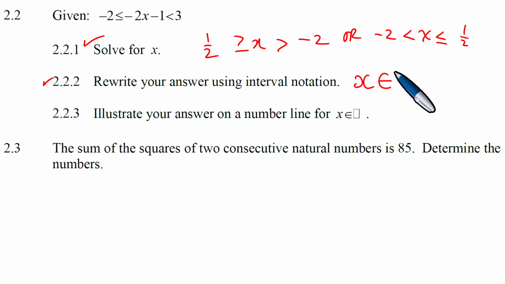Since the inequalities are facing this way, -2 is the smallest one, and 1/2 is greater because it's facing the open side of the inequality. So x is an element of the interval from -2, but at -2 you put a round bracket, and here, because this one is less or equal to, you put a square bracket, like that. Do you see that?